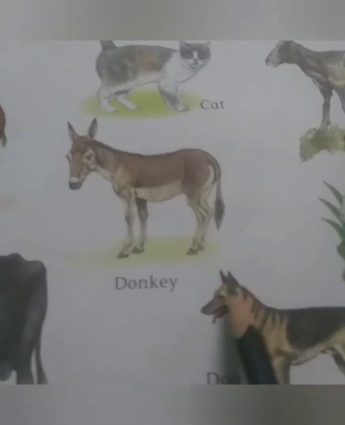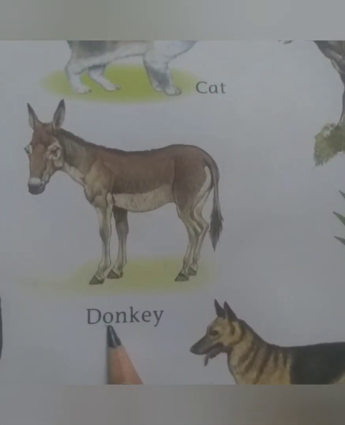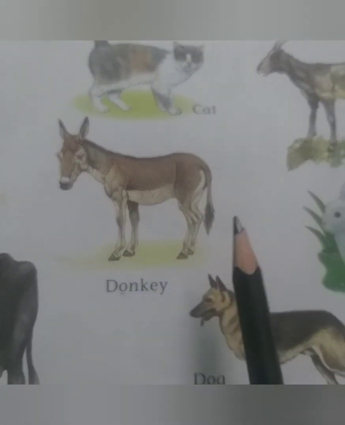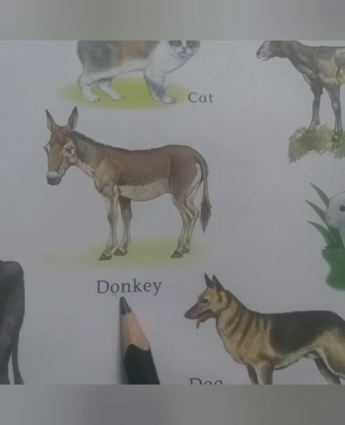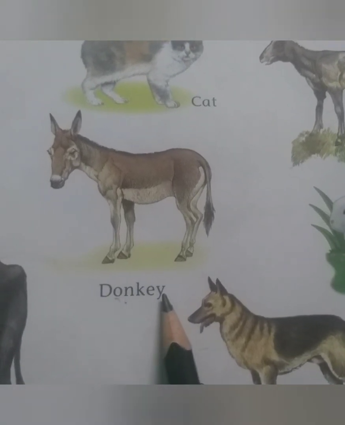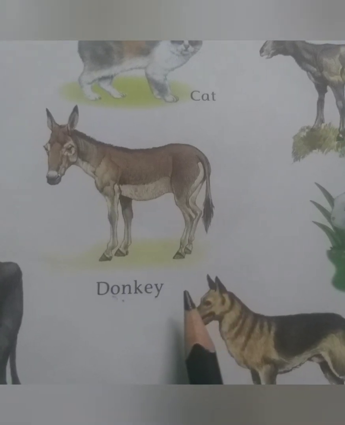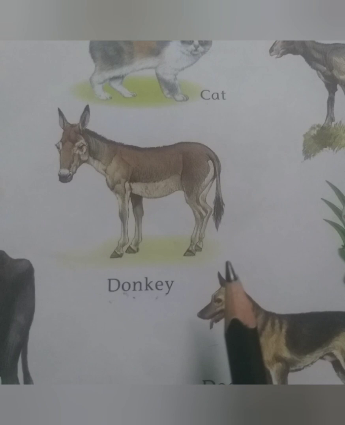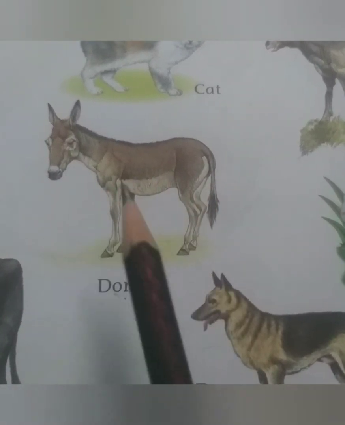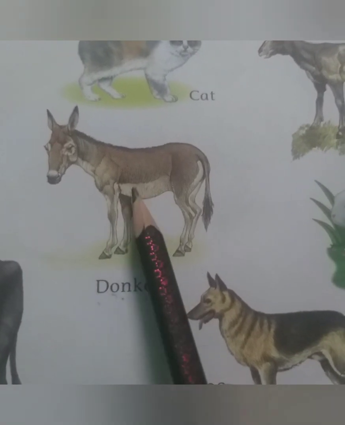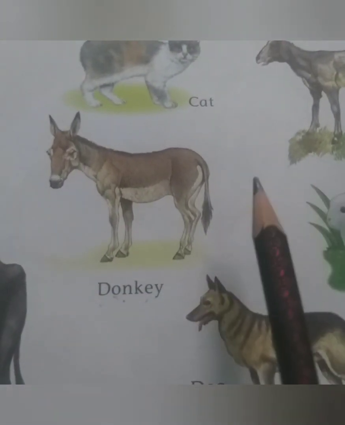Now let's move to the next animal. Which animal is this? This is donkey. And who used donkey? Washerman used donkey. What do we call donkey in Hindi? Gada. Okay, and what is the use of donkey? How do people use this donkey? They used to carry loads on it.